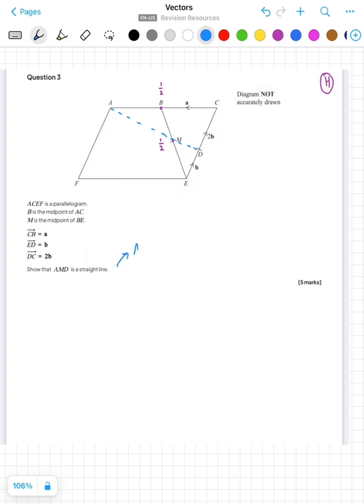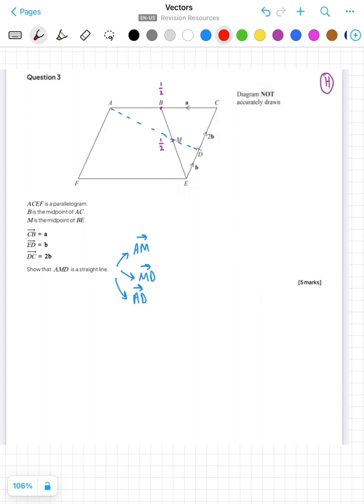So to do that, what we could find out is A to M, M to D, A to D. We don't need to find out all three, but we need to find out at least 2. Reason being is they will be a multiple of each other. So let's begin.